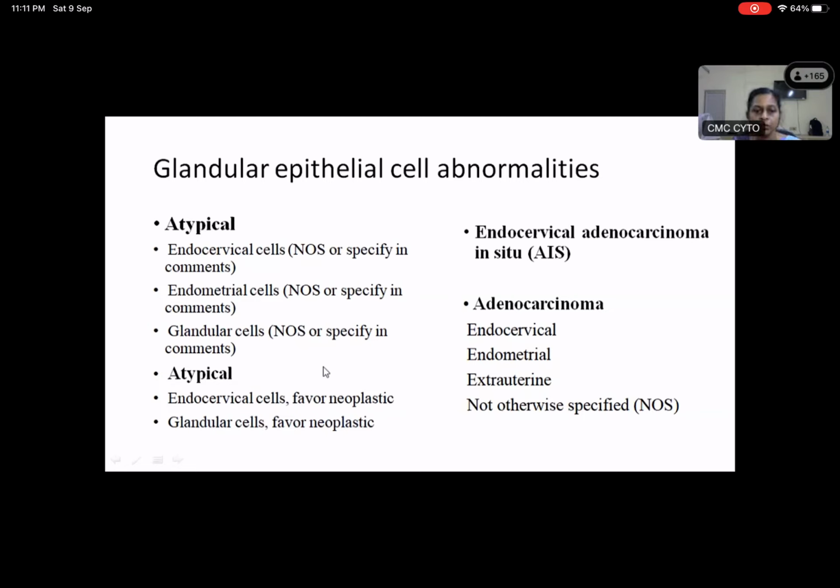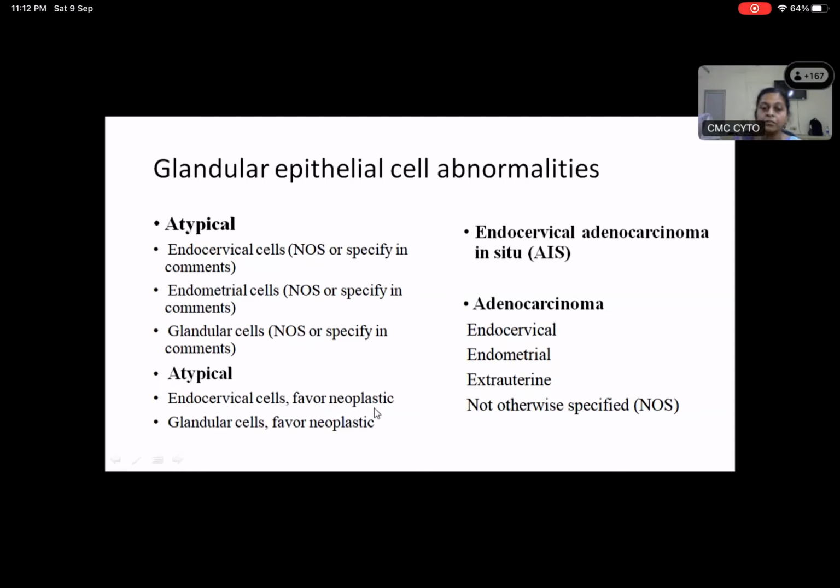Another point to note is that we do not use the term favor reactive. We cannot call atypical endocervical cells favor reactive. That term also is discouraged, because Bethesda feels that if we say favor reactive, we don't know really. Sometimes we really can't make out. When we are seeing some atypia, we can only say NOS or neoplastic.